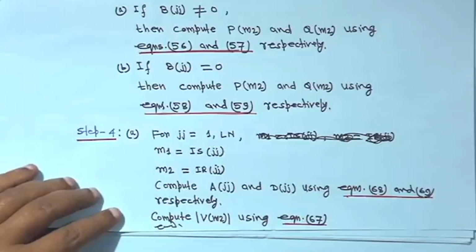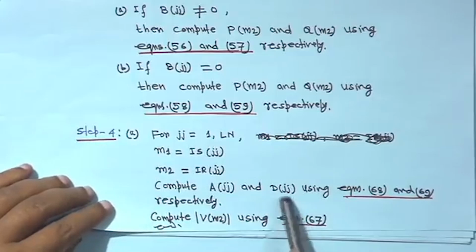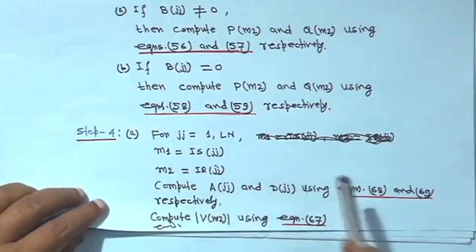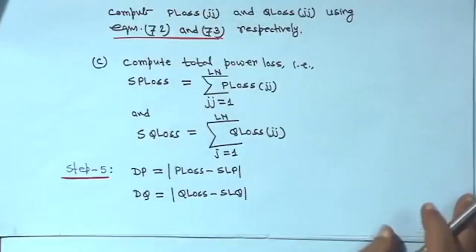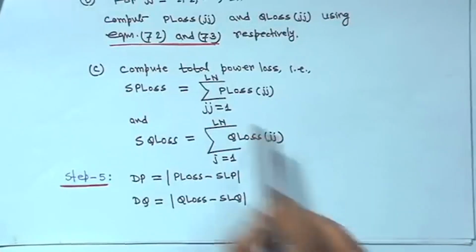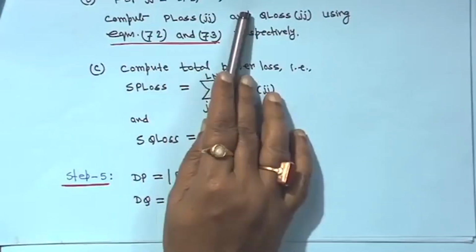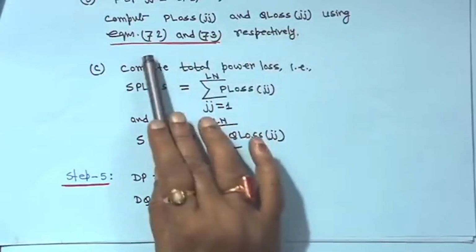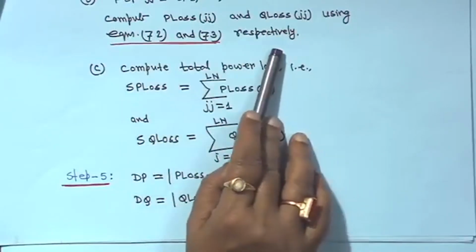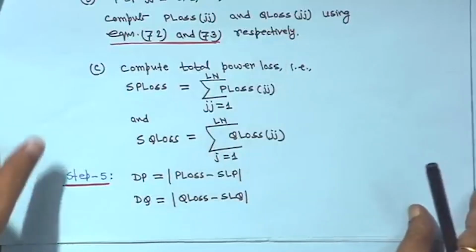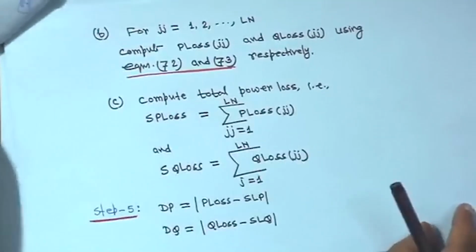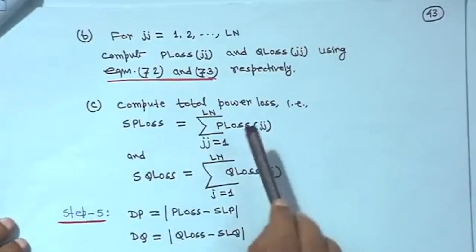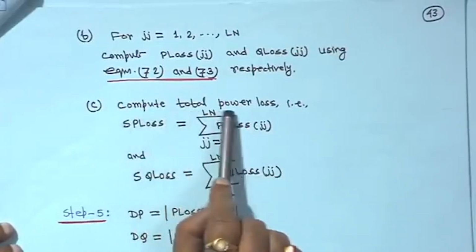So, this is for the computation of AJJ and DJJ for JJ is equal to 1 to ln, right. Then B part: for JJ is equal to 1 to ln, when this is done compute P loss JJ and Q loss JJ using equations 72 and 73 respectively. This is also given, right. And C part: then compute the total power loss.